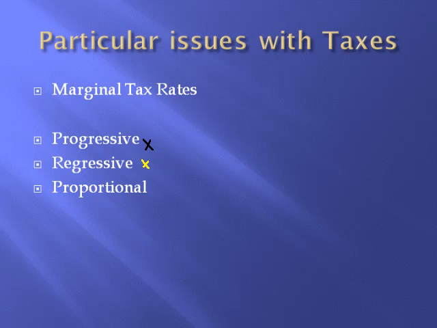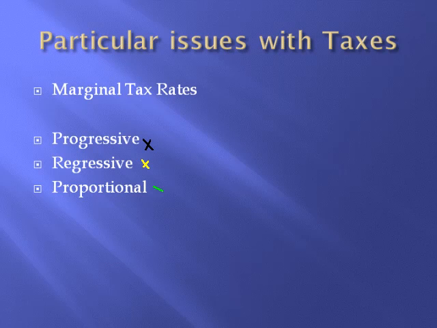So for someone who makes a lot of money, like Bill Gates or a professional athlete, they pay Social Security tax only on a very small percentage of their income. And so their overall percentage that's taken from them in terms of Social Security tax is actually quite a bit smaller than you or I. That's a regressive tax. The more you make, the smaller your percentage that's taken.